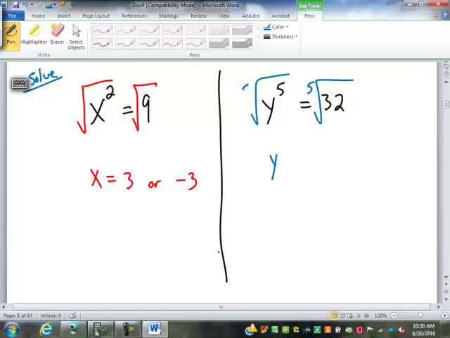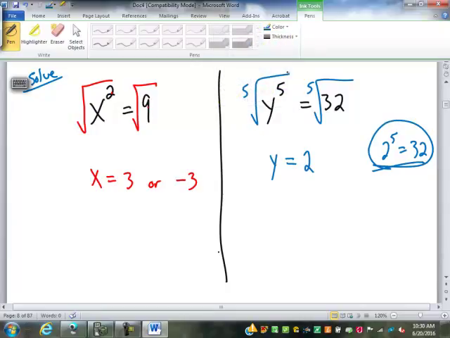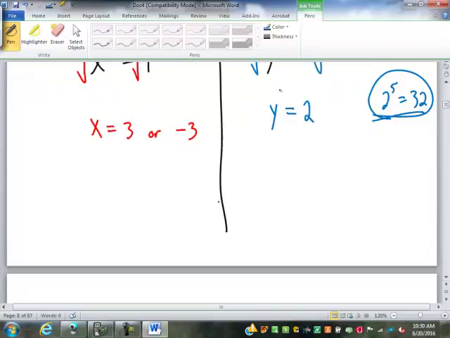Now, you guys don't know how to take a fifth root on your calculator, so I'm just going to tell you that that is 2. 2 to the power of 5 equals 32 if you double check it. So the fifth root of 32 is just 2. I don't expect you to be able to do those roots above a square root right now. But what I do expect you to recognize is something like this.